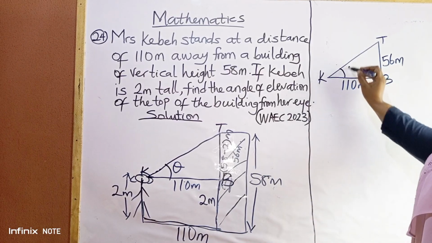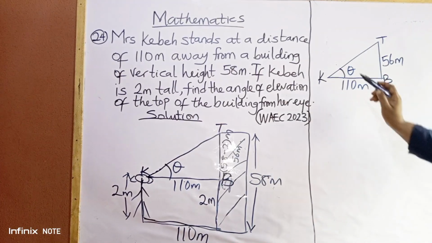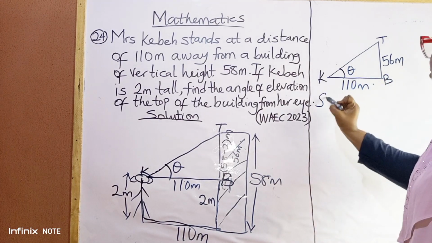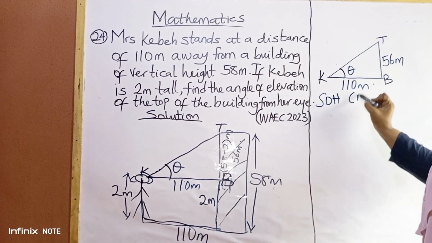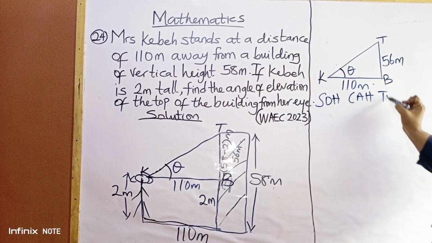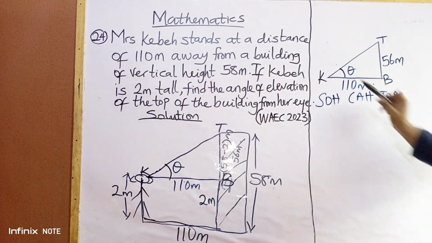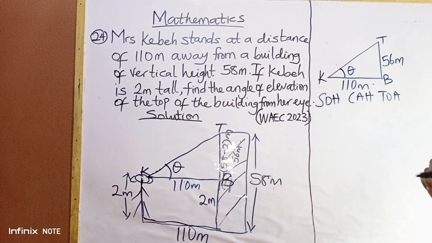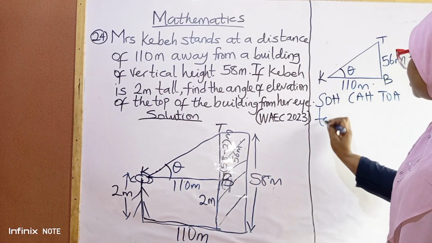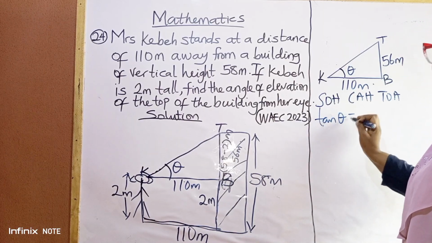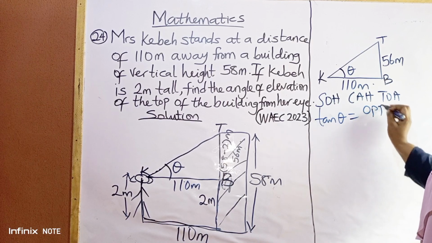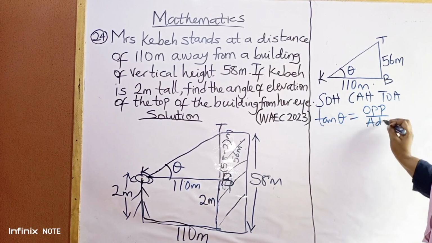So we want to find theta. So according to SOH CAH TOA in trigonometry, this is opposite and this is adjacent. That means tan theta is equal to opposite over adjacent.